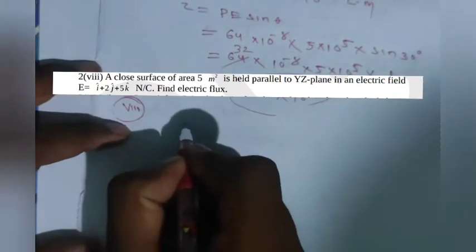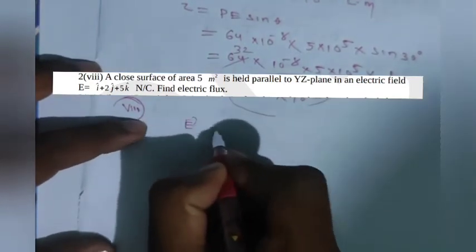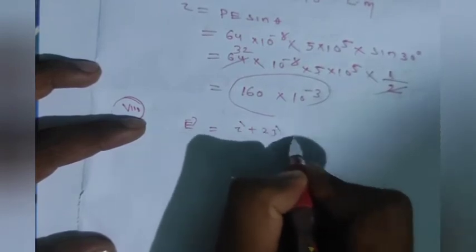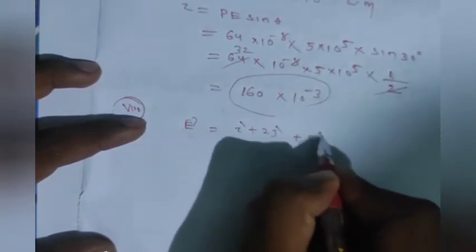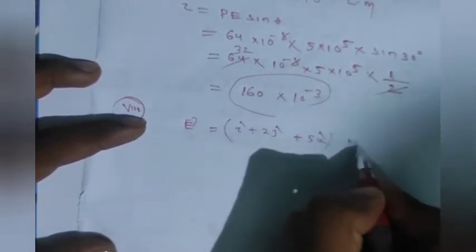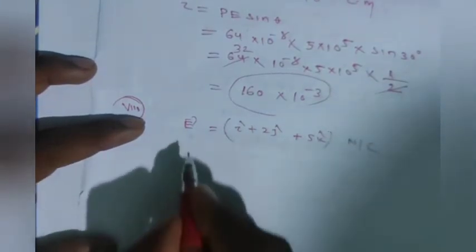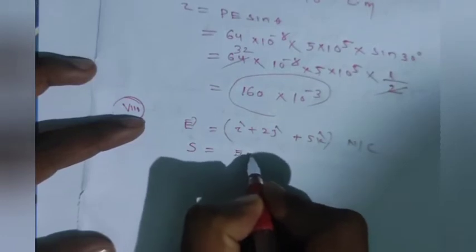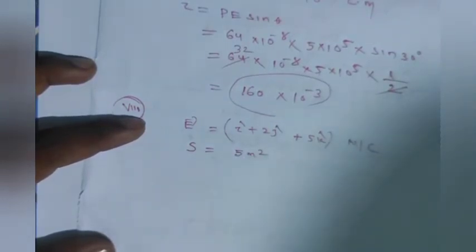So the electric field is given as i cap plus 2j cap plus 5k cap Newton per coulomb, and surface area is given 5 meter square. But one hint is given that the surface is held parallel to the YZ plane. So its normal unit vector will be directed along the x-axis.